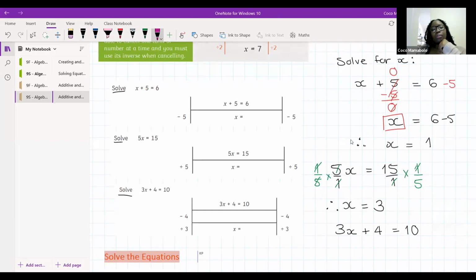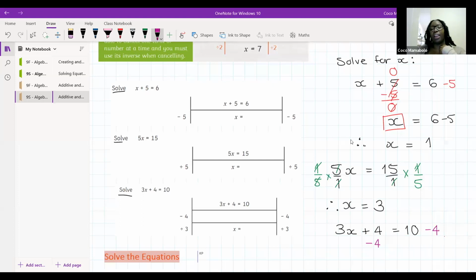The additive inverse, ma'am. Excellent. What is the additive inverse of plus 4? It's minus 4. Good, minus 4. And if I minus 4 on the left-hand side, I need to minus 4 on the right-hand side.